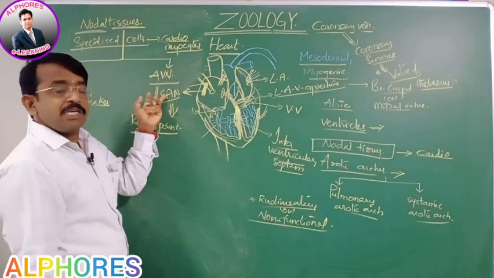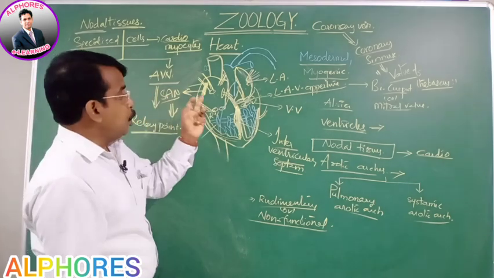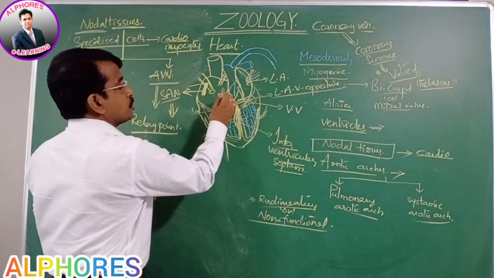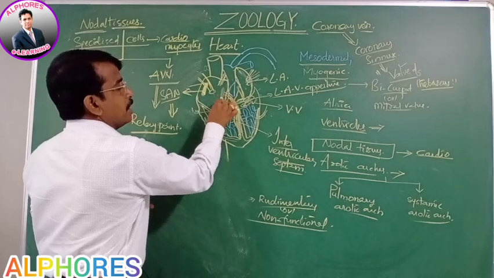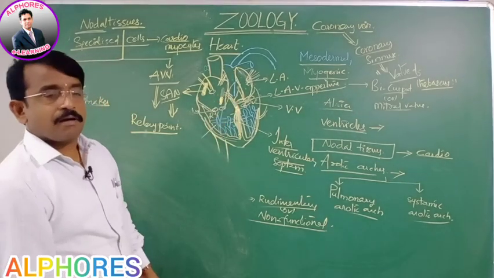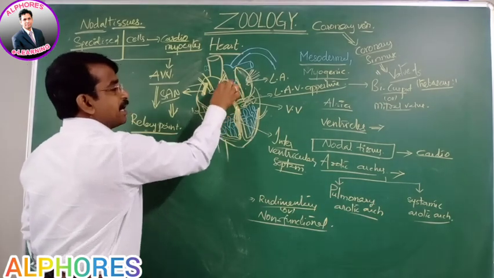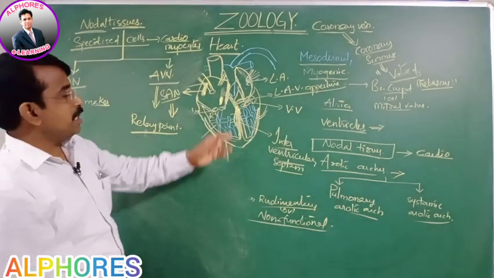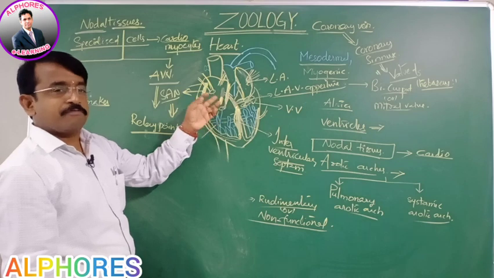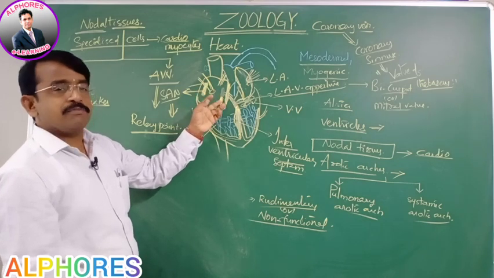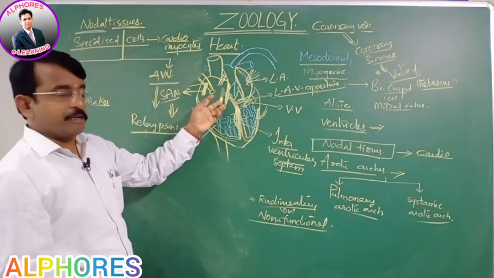This AVN is present at the lower part of the right atrium, look at here, close to the interatrial septum, on the left side, lower part of the right atrium.